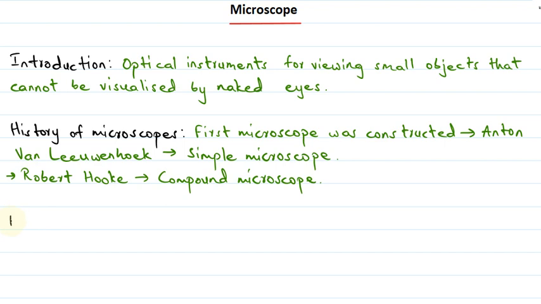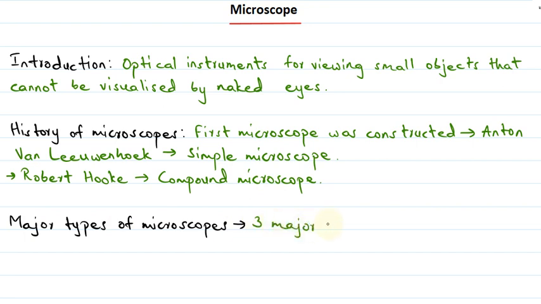The major types of microscopes. So what are the major types of microscopes? There are actually three major types of microscopes. What are they? One is the compound microscope.